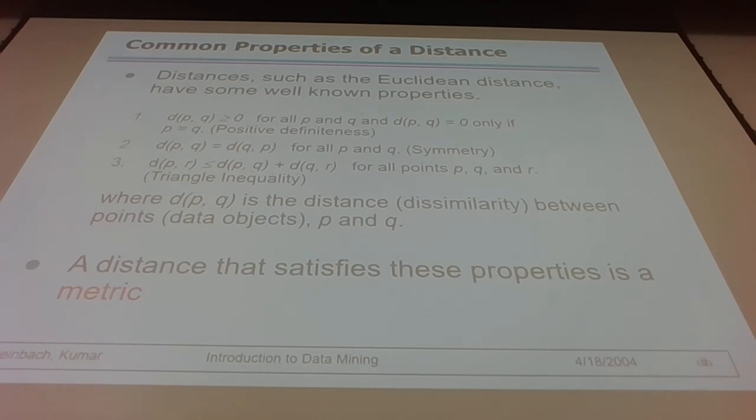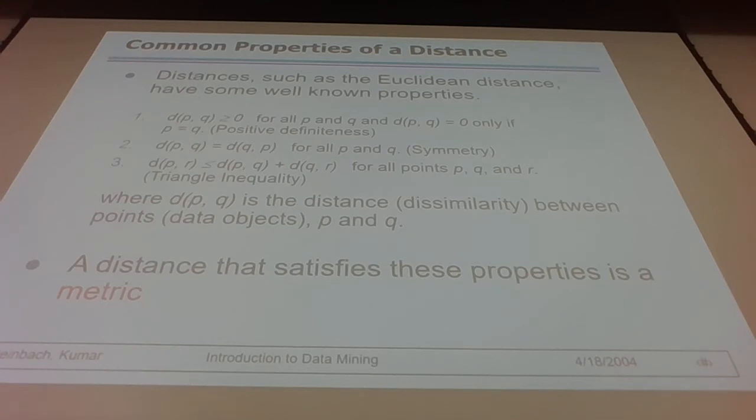Positive definiteness applies to a function. A function is positive definite if, throughout its domain, the function is greater than or equal to 0. That is called positive definite.